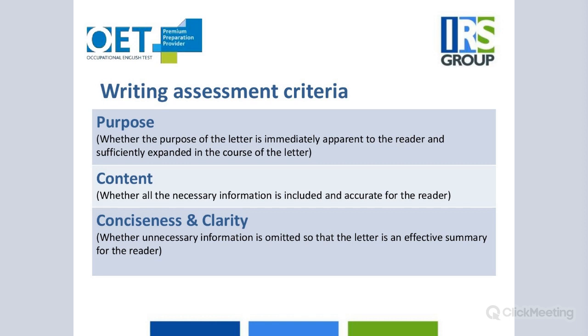The third one is conciseness and clarity. See whether unnecessary information is omitted so that the letter is an effective summary for the reader. For example, you might have a lot of content in a letter, but OET states that you need to write the letter in 180 to 200 words, correct?